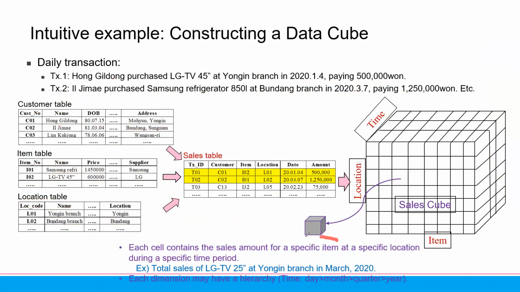Because we have a lot of items, a lot of locations, and many time periods, we can make it into a small cube. Let's say I want to know the total sales of LG TV at the Yongin branch in only March 2020.